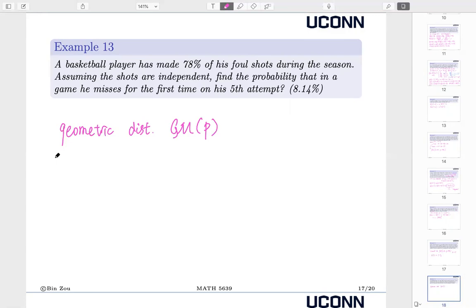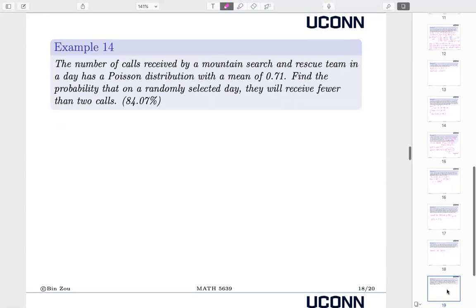Be a little bit more independent to search what is a geometric distribution. Example 14 is about a Poisson distribution, a very popular one to model the arrivals. For instance, here we have a probability. Usually we use lambda to denote. Okay. This is regarding Poisson distribution.